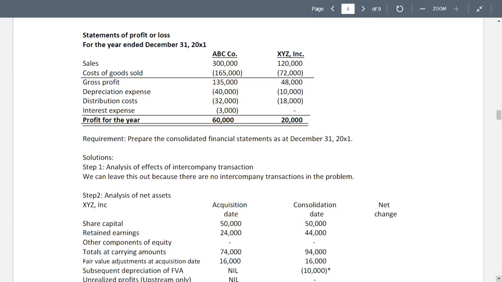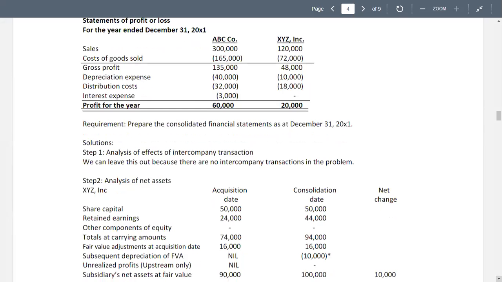earned by XYZ. Okay, so other components of equity, and we have the total carrying amounts of XYZ's accounts at acquisition date. The carrying amount is 74,000. Now it's 94,000. And then the fair value adjustments at acquisition date was 16,000. It's still the same. Subsequent depreciation of fair value adjustments now is 10,000.